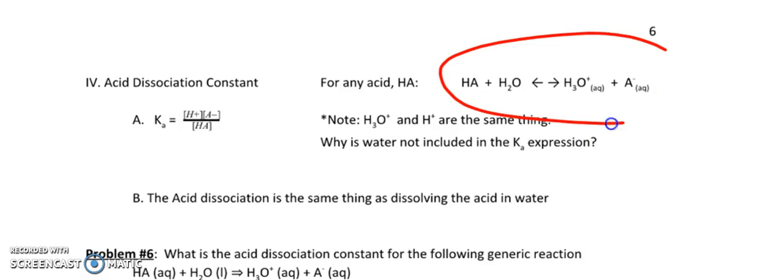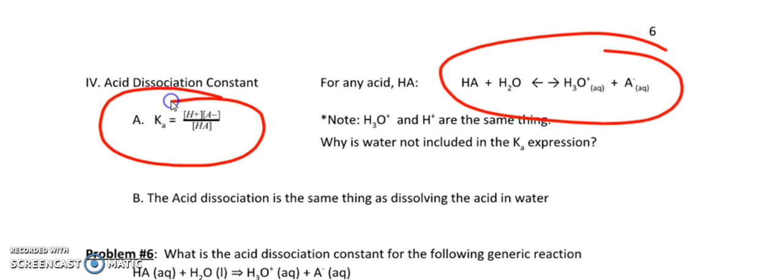So here is our equation. So the K value, once again, the law of mass action is right here, where you have the concentration of the H plus times the concentration of A minus over the initial concentration of HA. So again, H3O plus and H plus are going to be the same thing. Why is water not included in the Ka expression? You remember why? Because water is a liquid.